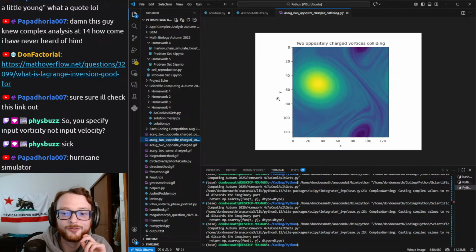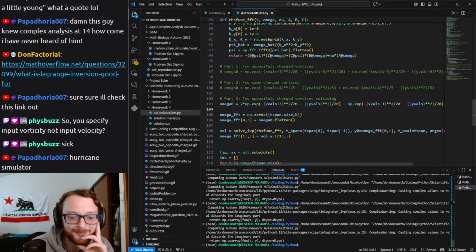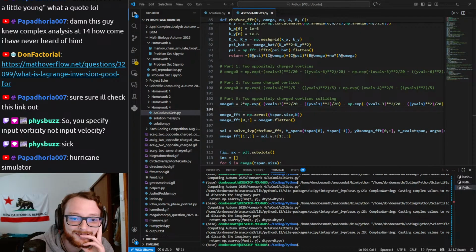Ooh. This reminds me of mixing batter. I wonder if they meant same charged vortices, because they seem like they repel each other when they're oppositely charged.